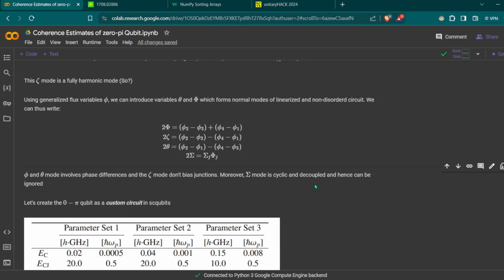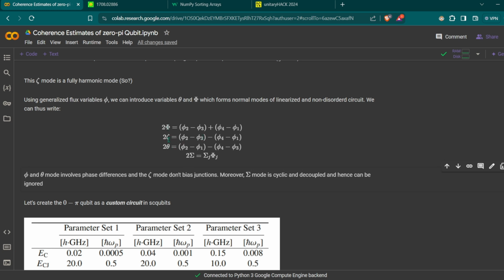Now, as the zeta mode is a fully harmonic mode, it means that it doesn't bias the junctions. So using generalized flux variables phi, now we can introduce variables theta and capital phi, which form normal modes of the linearized and non-disordered circuit. And we can write the equations as mentioned in here, where we have all the three parameters, that is the capital phi, theta, and zeta.